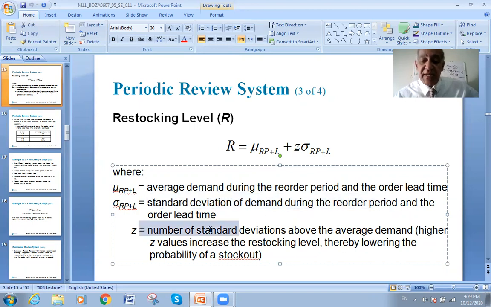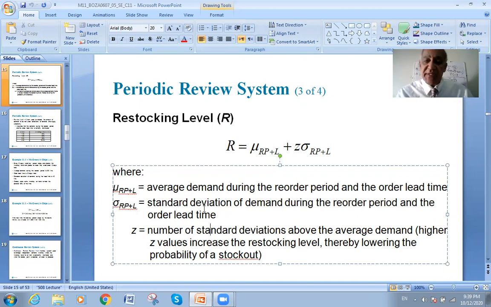Z is the number from the normal distribution curve, and we will get the Z value from the degree of confidence. Like if you tell me 95% degree of confidence, then I will see the corresponding value in front of it. It's usually 1.96, and multiply it by the standard deviation of the order.